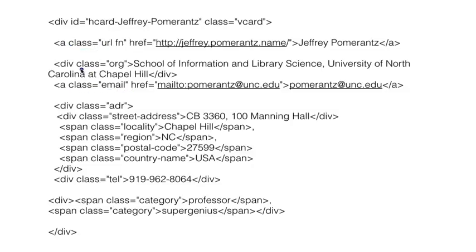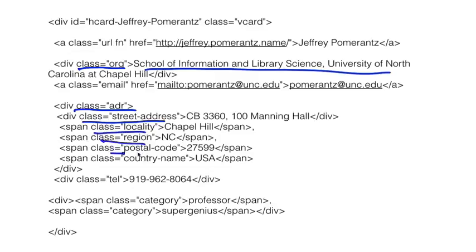Then we have class equals org, which is the organization with which I'm affiliated. We have class ADR, which is, I think it's fairly obvious, short for address. And then within address, we have class street address, class locality, region, postal code, country name, etc. And class tel is, of course, a telephone number.